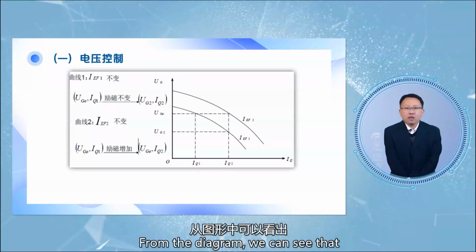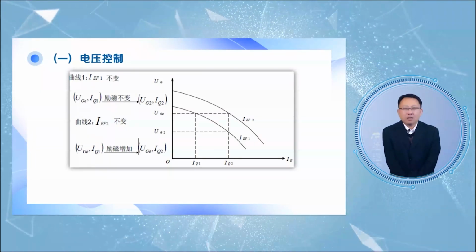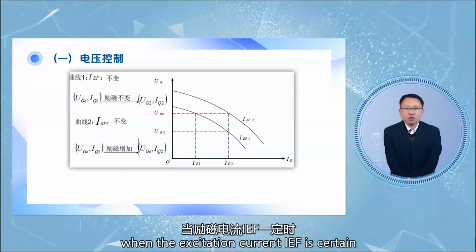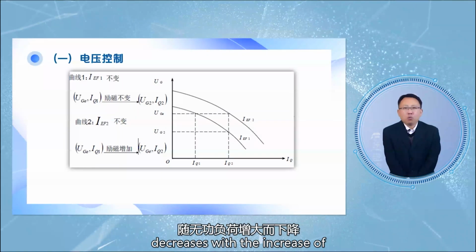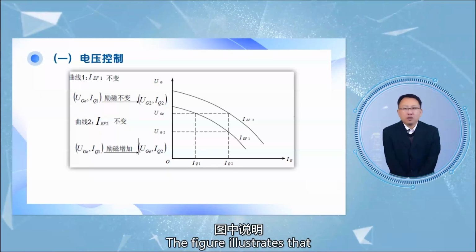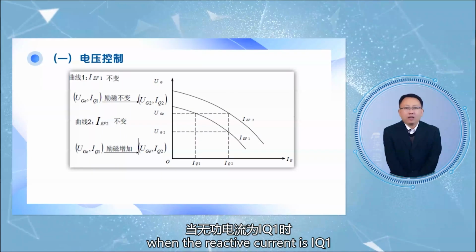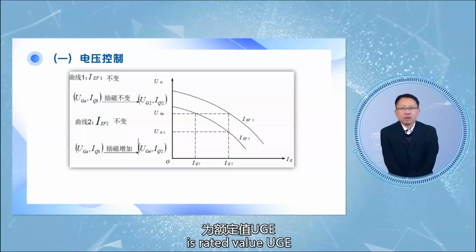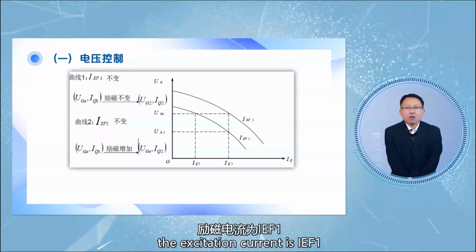From the diagram, we can see that the external characteristic of the synchronous generator must be decreasing. When the excitation current IEF is certain, the generator terminal voltage UG decreases with the increase of the reactive load. The figure illustrates that when the reactive current is IQ1, the generator terminal voltage is the rated value UGE, and the excitation current is IEF1.